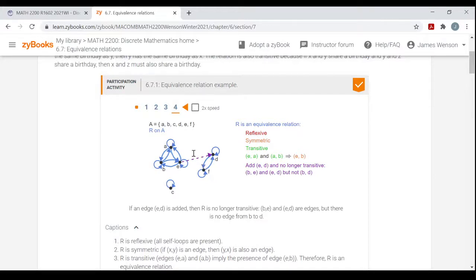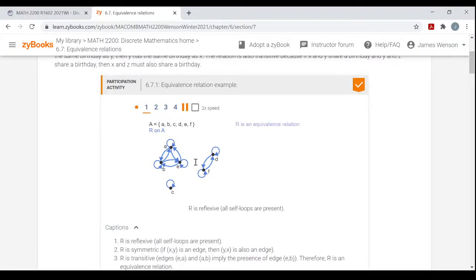And another thing about this picture, and this is brought up later in the section. When you have an equivalence relation on a set, like this one here on the set A, do you see how this equivalence relation naturally breaks set A up into separate pieces?